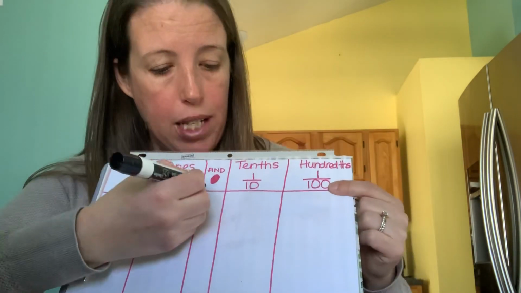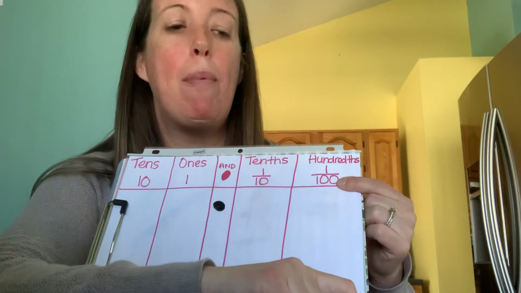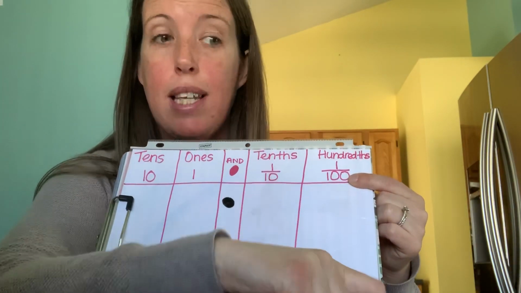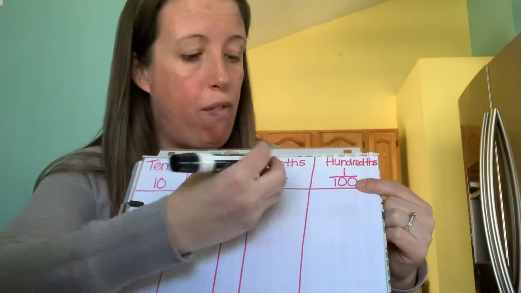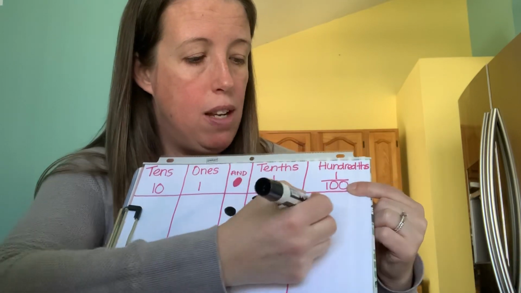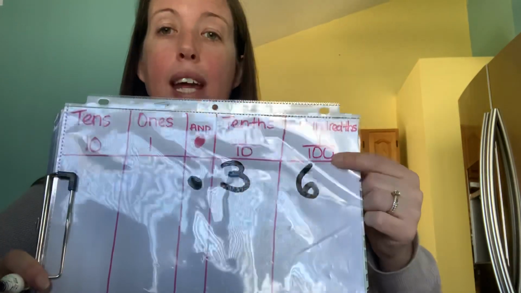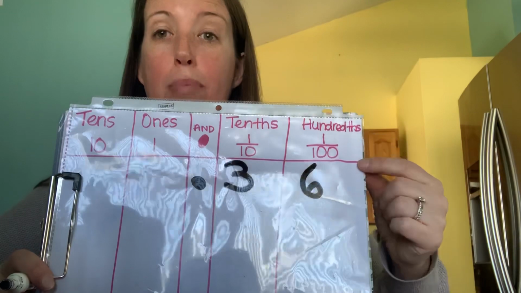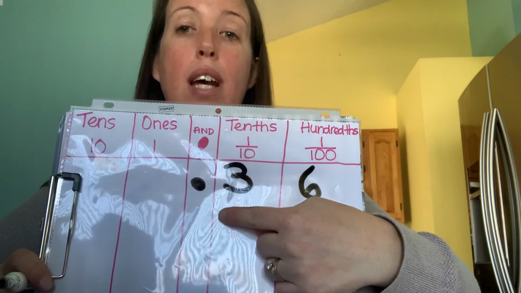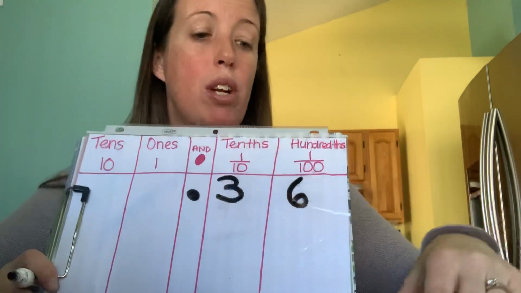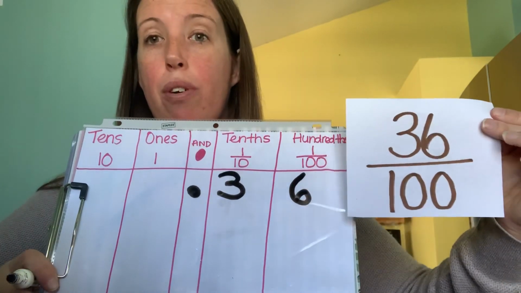So I'm going to put my decimal, and the number was 36 hundredths. So I'm going to fill in my 36, and it's going to end in my hundredths place. So I read this decimal as 36 hundredths, which is equivalent to 36 over 100.